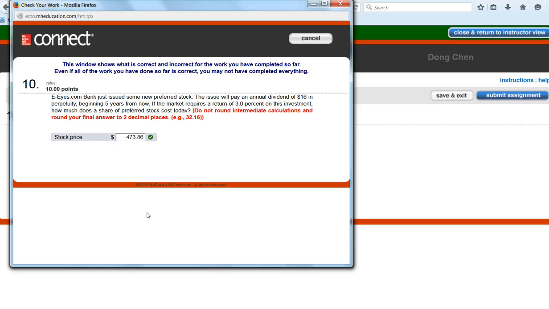And once we have the present value in terms of the year that is 1 year before the starting year of the dividend, then we can further discount that present value back to the true present by using the formula for the present value of a single future cash flow. So that's the discussion for this question.